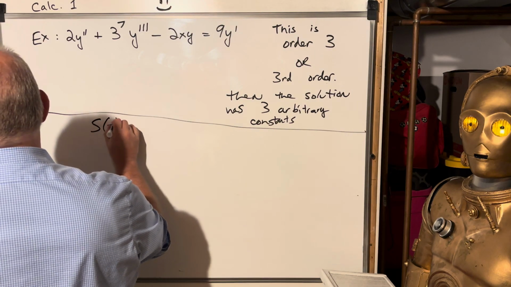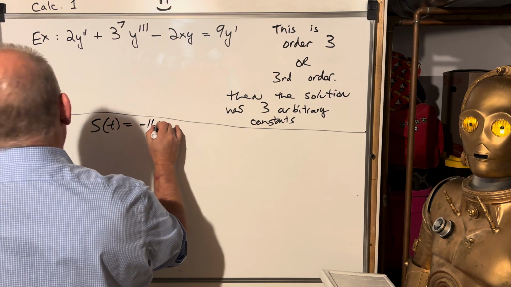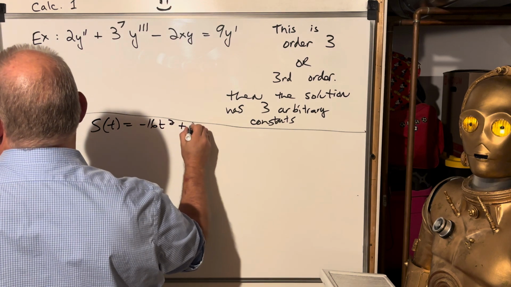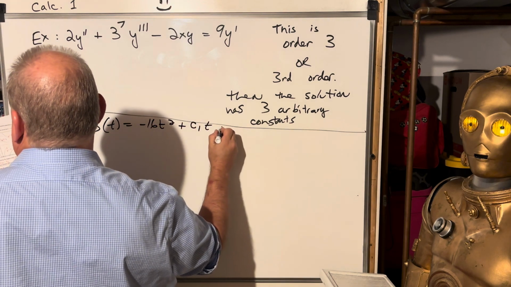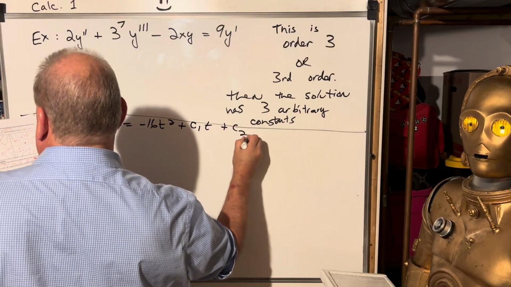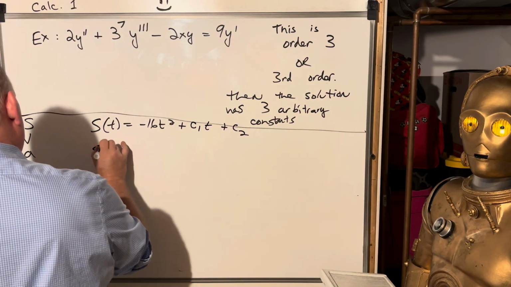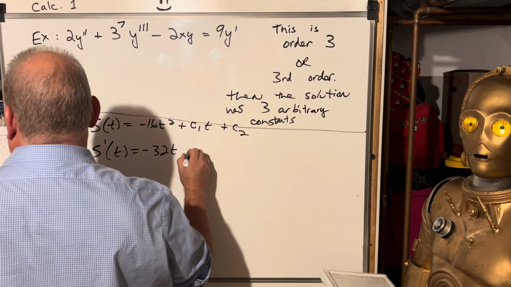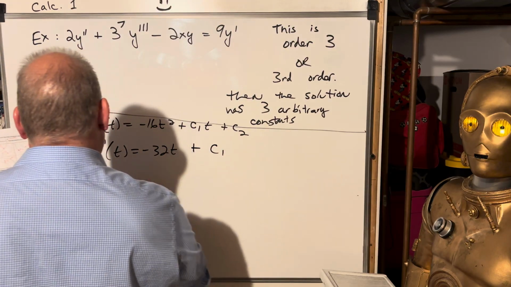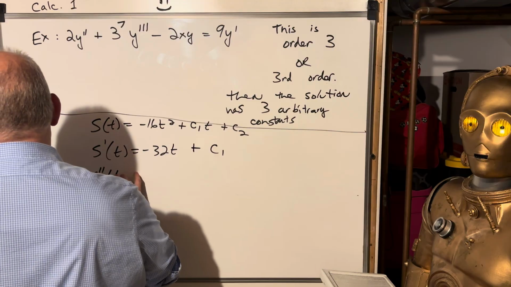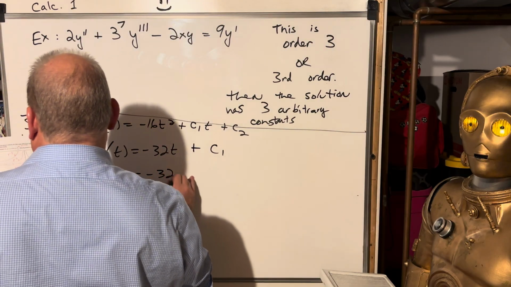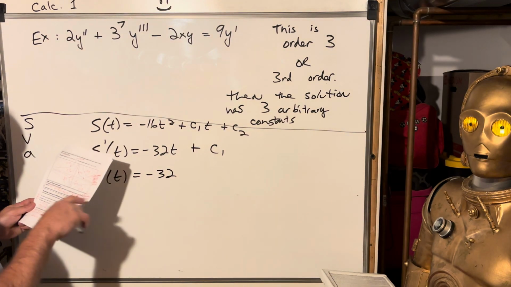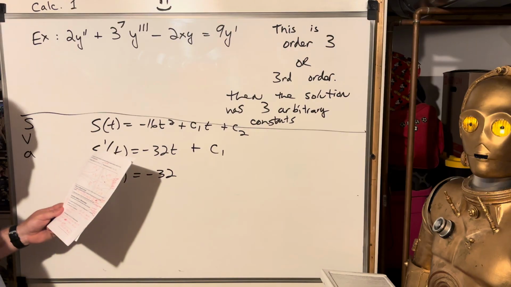S of t is equal to negative 16t squared plus c1 times t plus c2. So S prime of t is equal to negative 32t plus c1, S double prime of t is equal to negative 32, which, I mean, they gave us that, and we just figured it out.